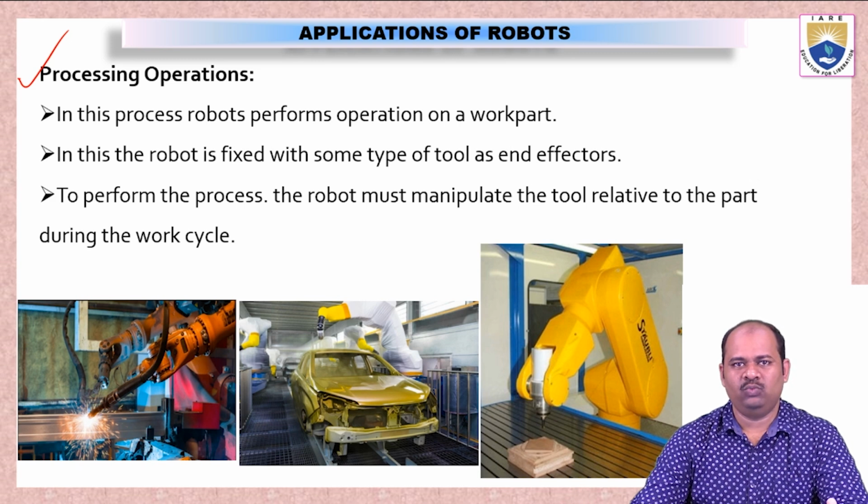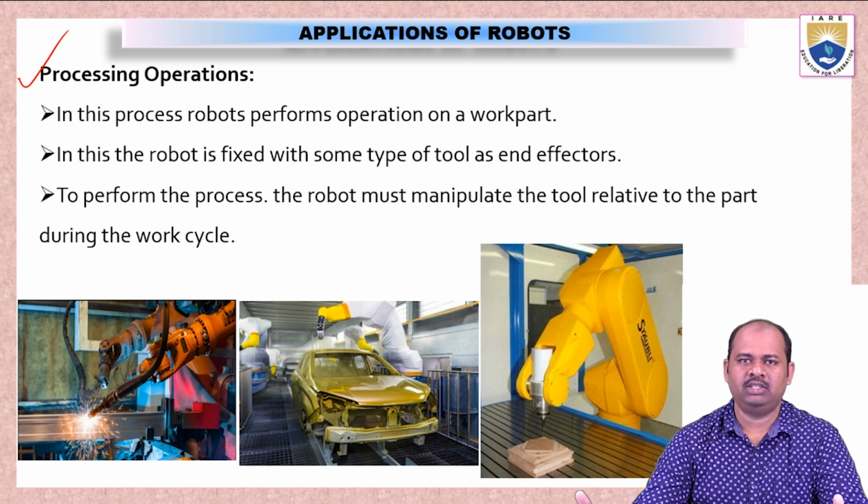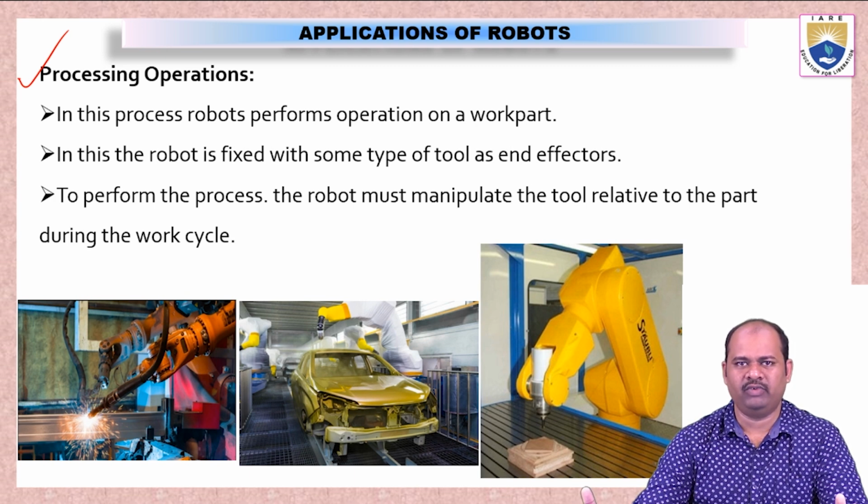In casting, because the temperature of the molten metal is very high, human beings cannot work near casting equipment for longer periods of time. Robots can be incorporated for this purpose, because not only heat but also harmful gases are emitted from the molten metal, which is mostly of the ferrous family.